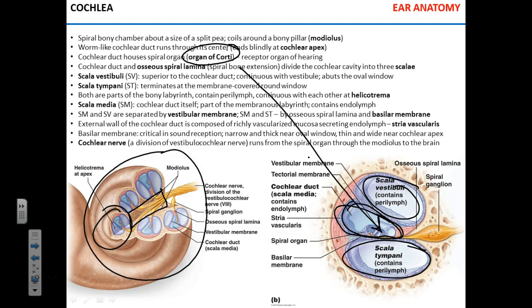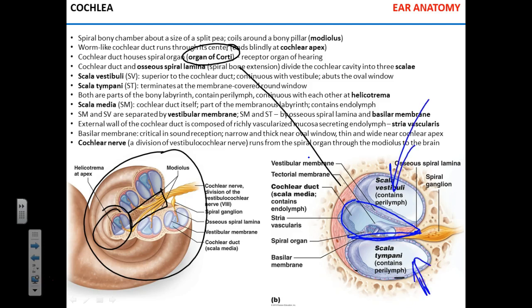Now, this, together with the osseous spiral lamina, which is the extension of the bone, the cochlear duct and osseous spiral lamina divide the cavity into two more scalae, scala vestibuli and scala tympani.